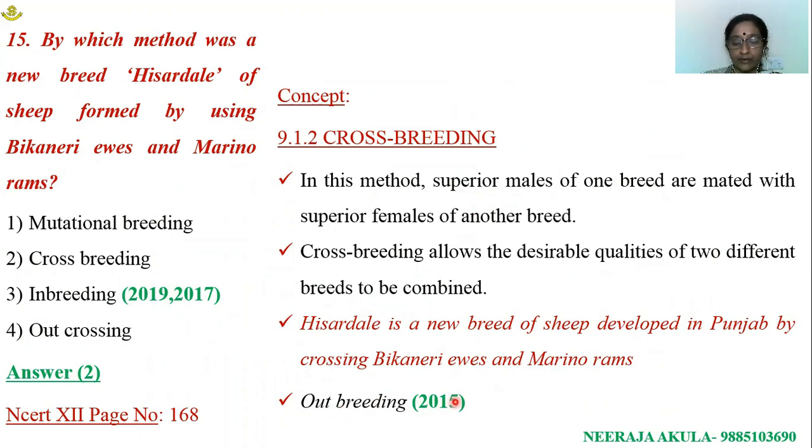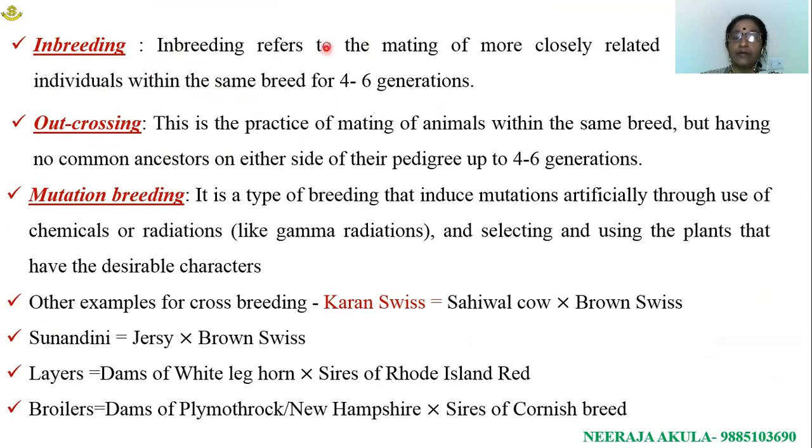In 2015 also we got a question related to outbreeding practice. And in 2019 and 2017 we got questions from inbreeding practices. Inbreeding refers to mating of more closely related individuals within the same breed for 4 to 6 generations of common ancestry.